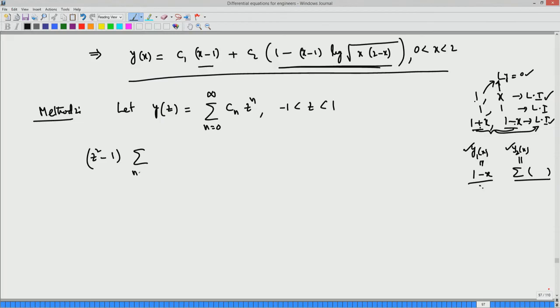Which I write as sum n from 2 to infinity n into n minus 1 C n z power n minus 2. Okay.